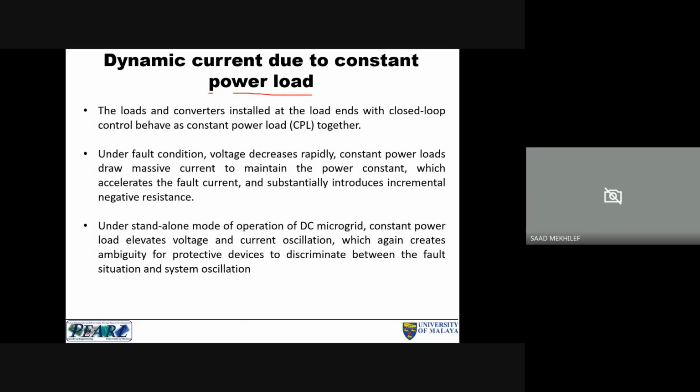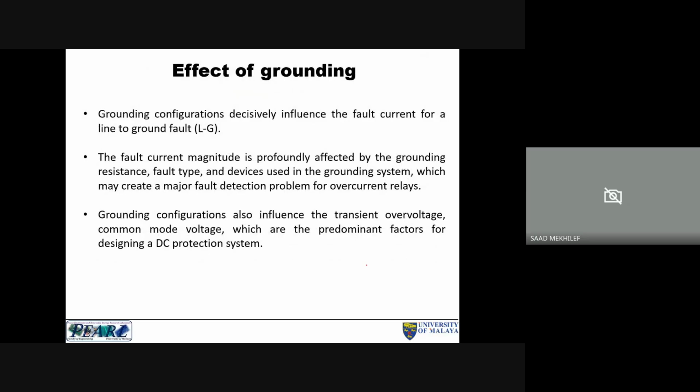Okay, and then the next one is the effects of grounding. Grounding configurations decisively influence the faults, like I said before, especially for DC microgrids. The fault current magnitude is profoundly affected by the grounding.